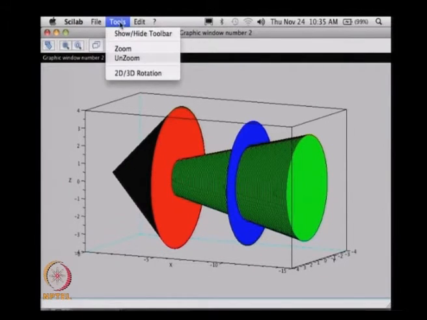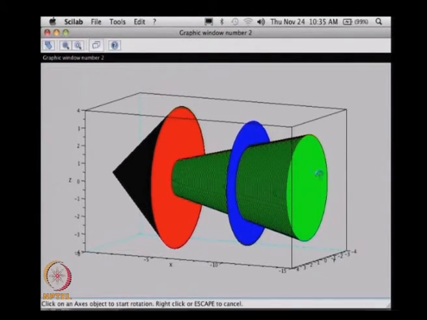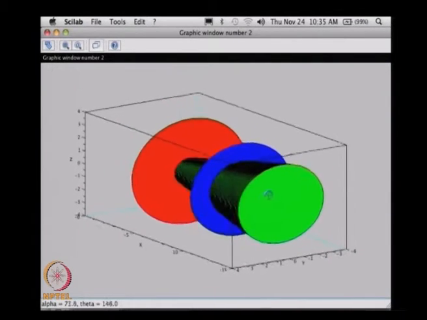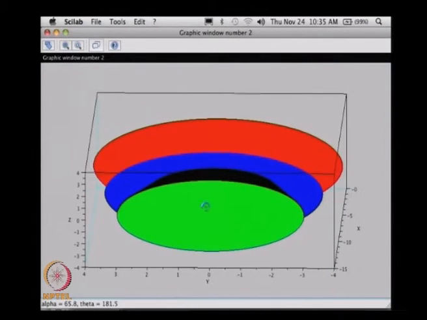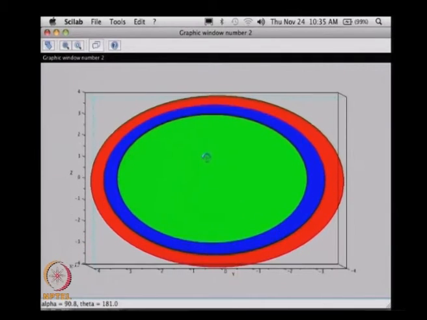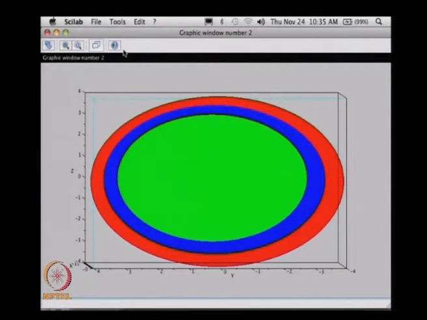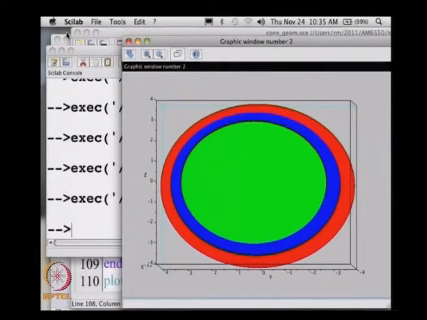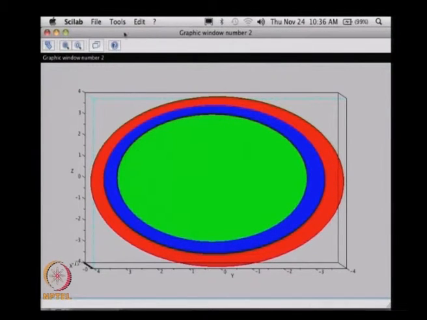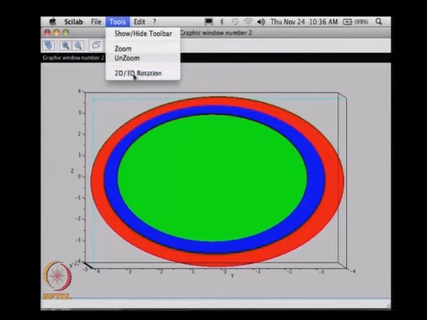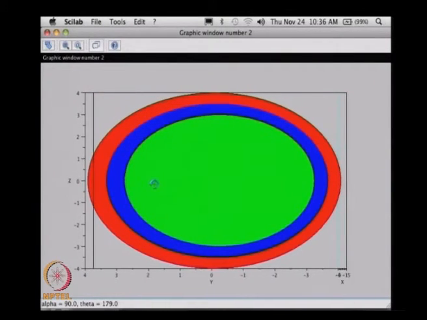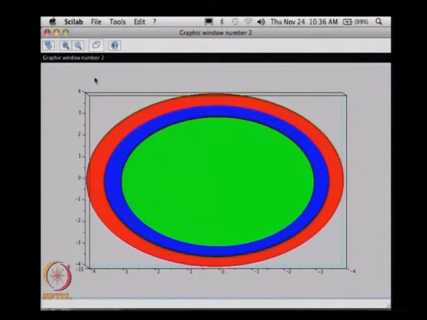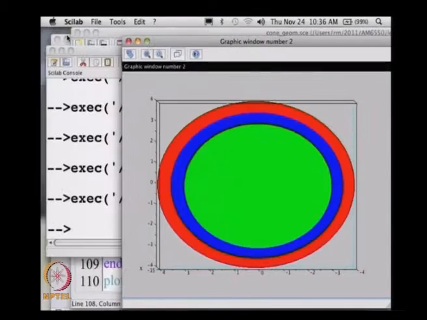Now if I were to look at all of this from the base, how would this look? This is how it would look. It is nothing but three concentric circles.